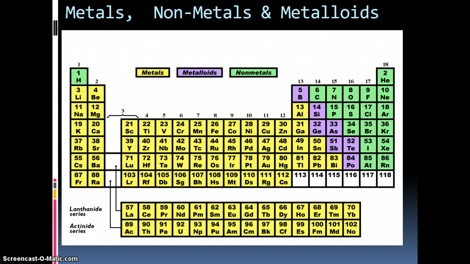Sometimes they act like metals, sometimes they don't. Then we have non-metals that are in green on the right. You can notice that hydrogen over here is all by itself because it has 1 valence electron, so we put it in group 1, but it's also a non-metal, so we shade it in green.